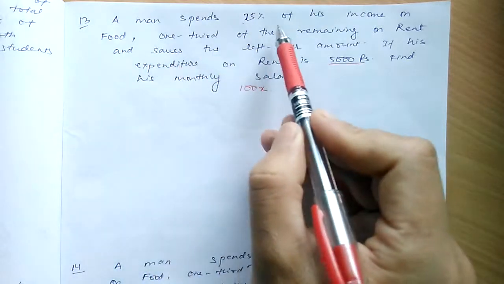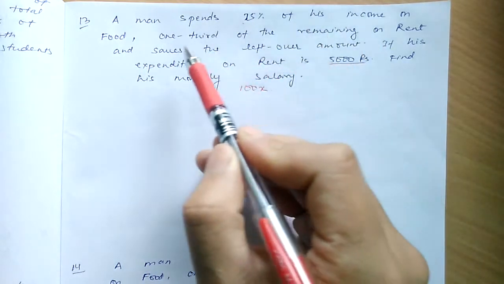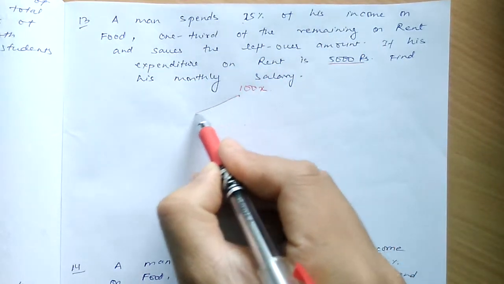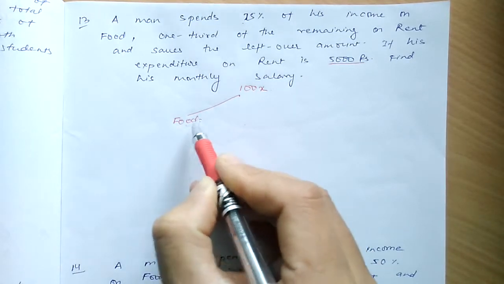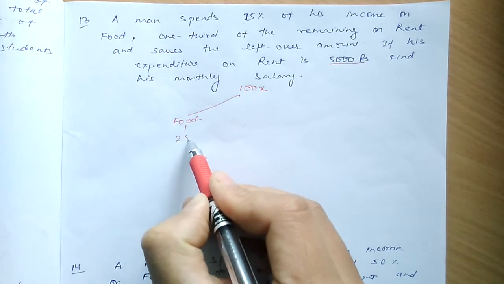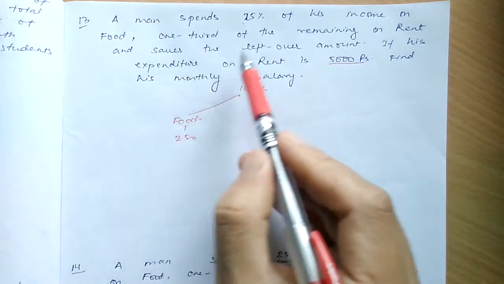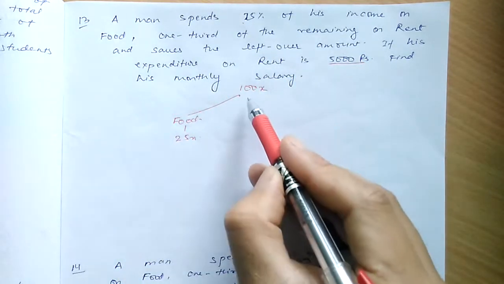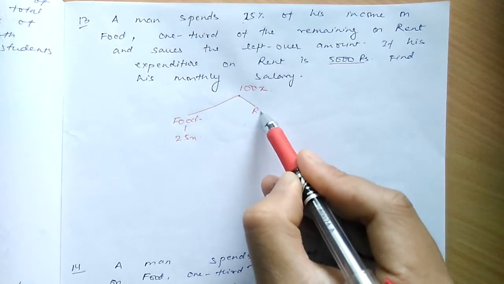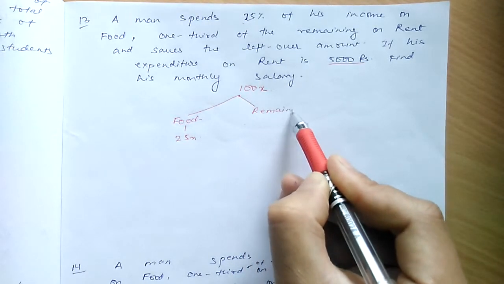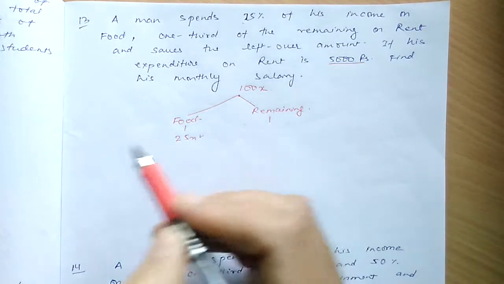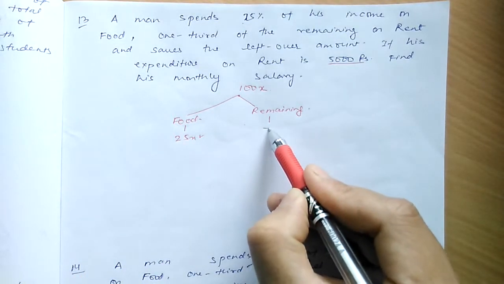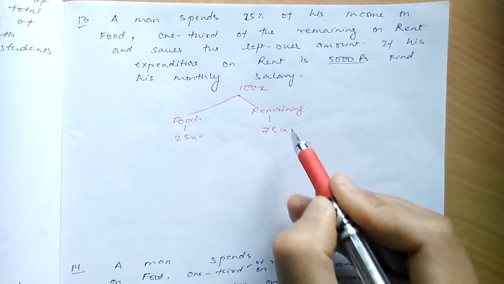So a man spends 25% of his income on food, that is equal to 25x. One third of the remaining. So how much is remaining now? 25% is already spent on food, so remaining will be 75x.